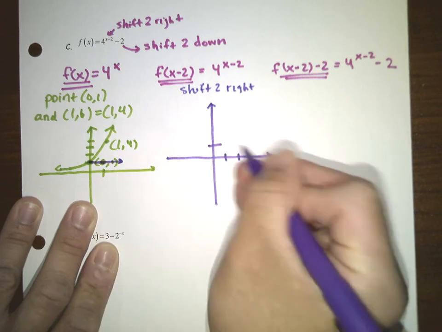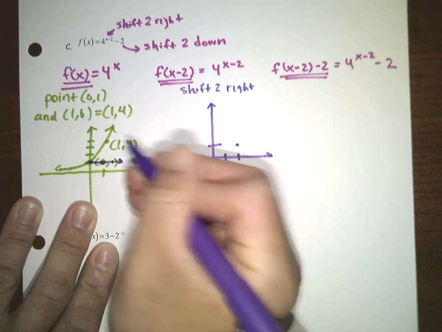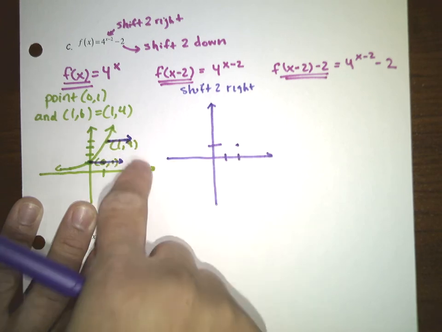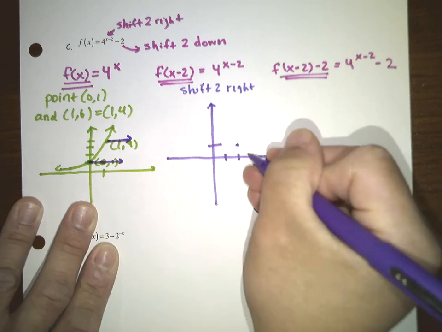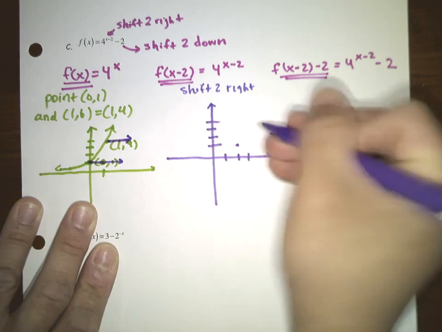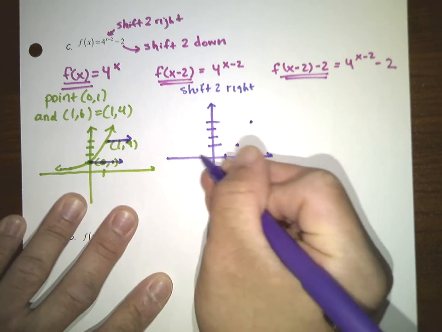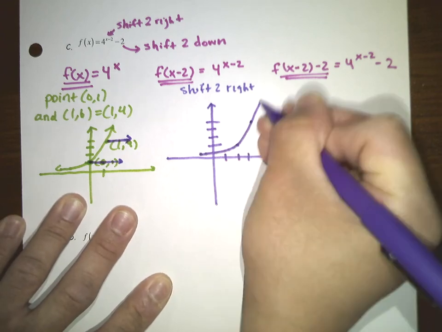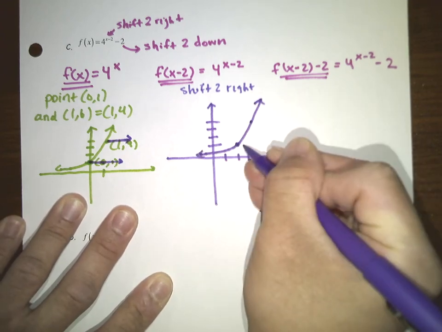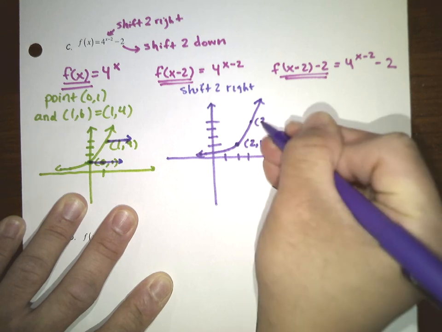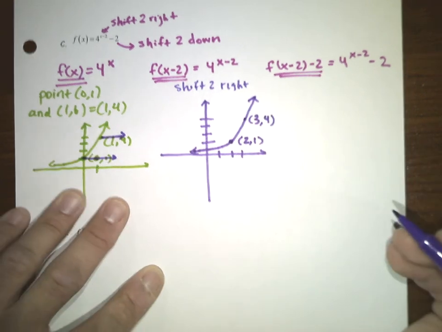And the 1, 4 goes 2 units to the right, so it becomes 3, 4. And so now the graph looks like this. All right, so there's a point at 2, 1, and at 3, 4.